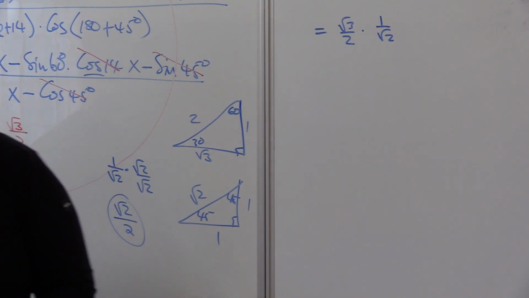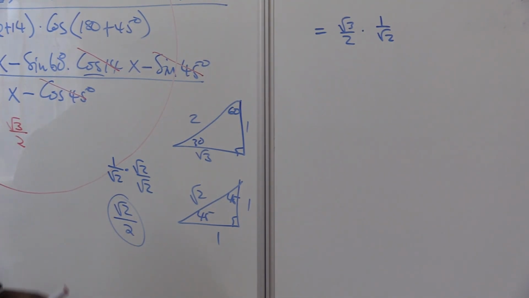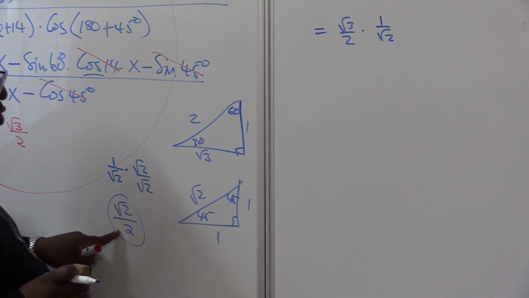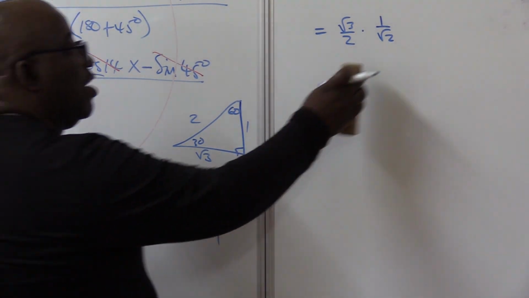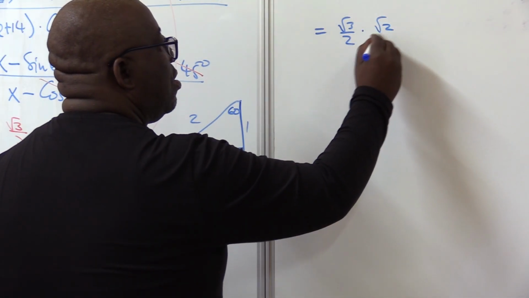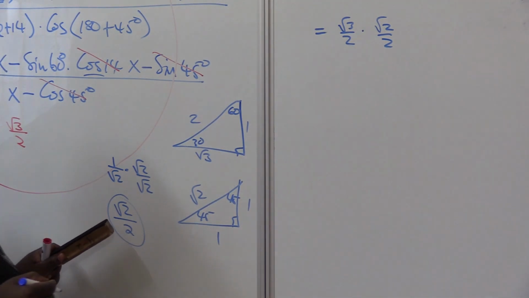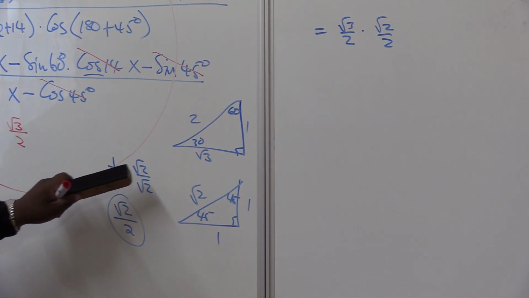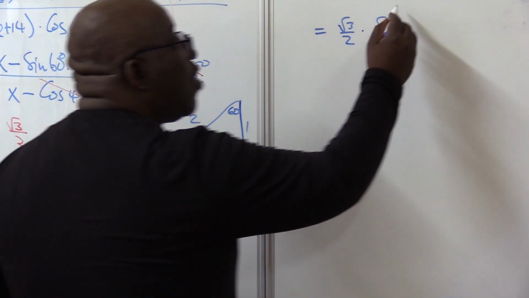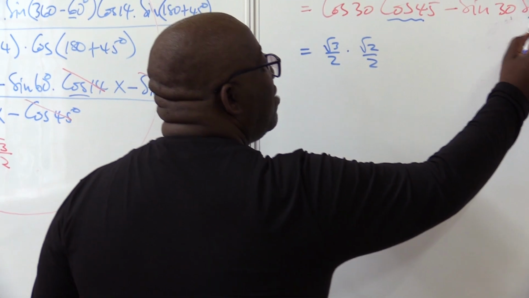So for us to be able to work it, let's rationalize the denominator in this particular case. So we'll have root 2 over 2. Even when you go to your calculator, you'll find root 2 over 2. Remember, it was 1 over root 2. We rationalize the denominator, and this is what we get. That's 45. Remember that cos 45 is the same as sine 45.